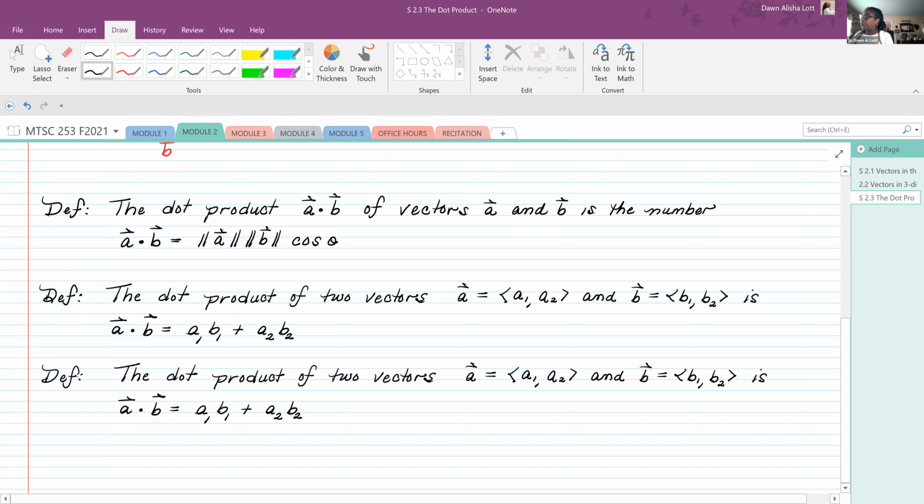The dot product of three vectors. And now I'm gonna have, oh, nope, the dot product, I still want two vectors. I just want to change the vectors. I'm saying it wrong. The dot product of two vectors, still two vectors.